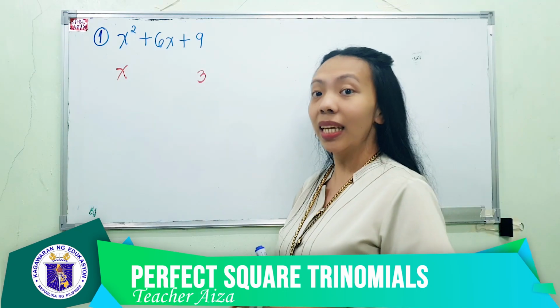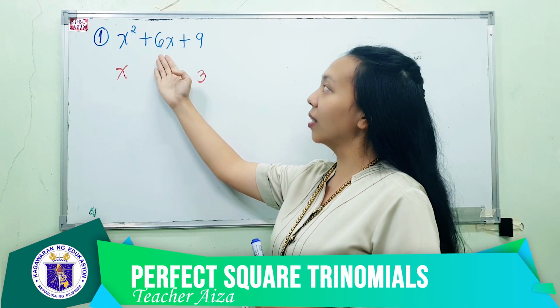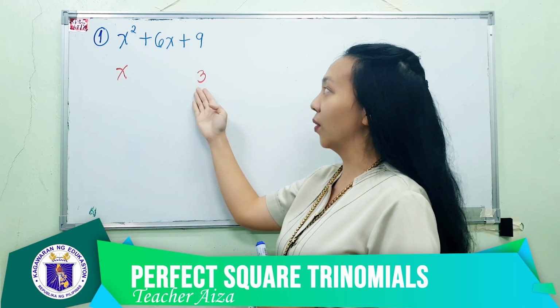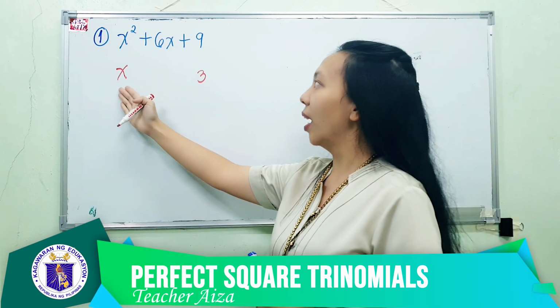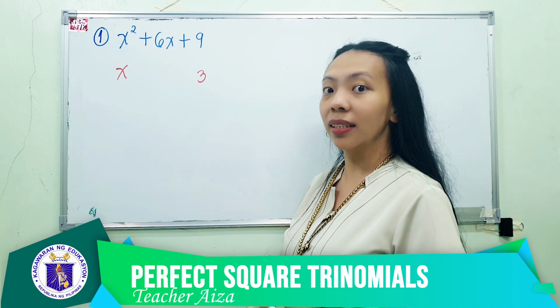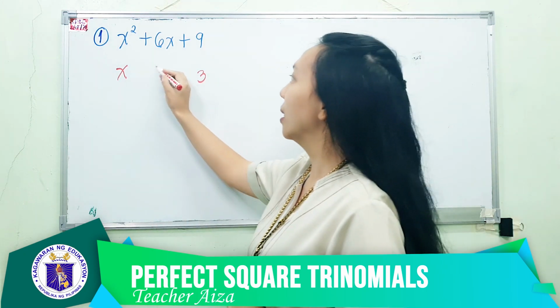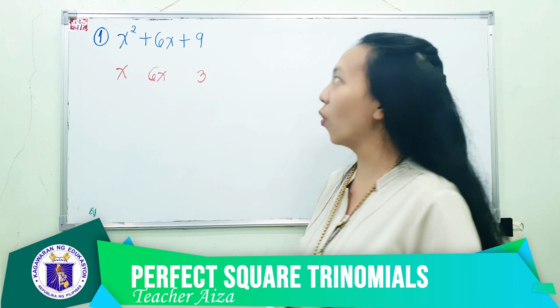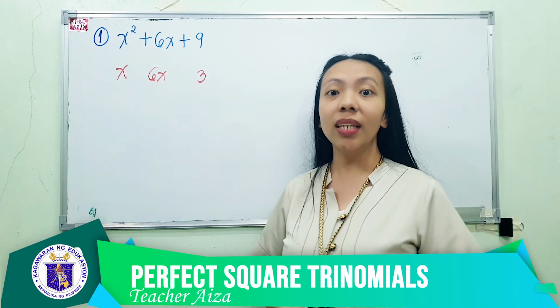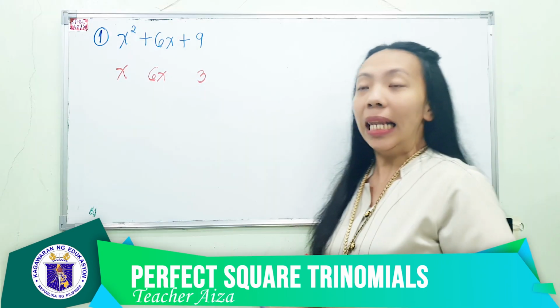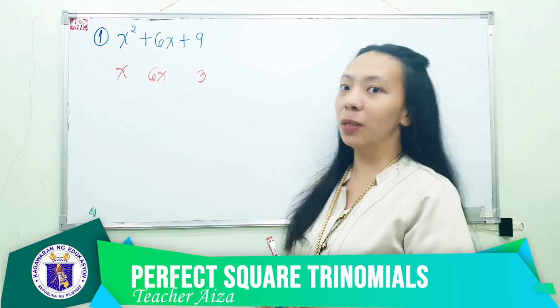And lastly, is the middle term 6x twice the product of x and 3? Let's find out. X times 3 is 3x. Double that would be 6x. Therefore, the given polynomial is a perfect square trinomial. Let us now write the factored form of the given polynomial.